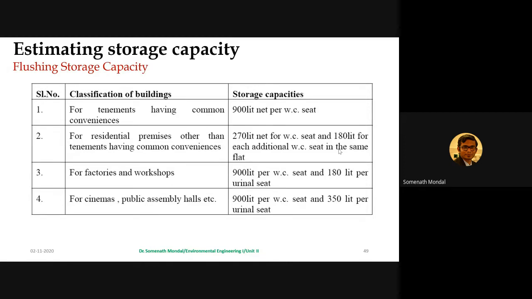And 350 liters per urinal seat, since the chance of utilizing the water closet is lesser in frequency compared to the urinal. That is the reason in the case of cinemas and public assembly halls we have 350 liters for urinal seat.